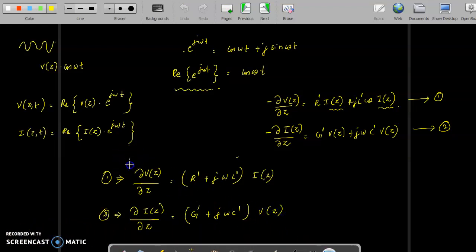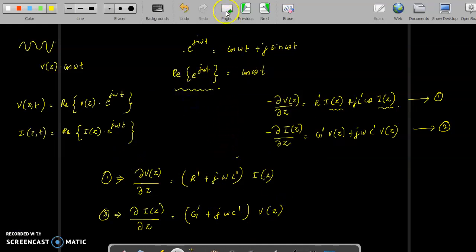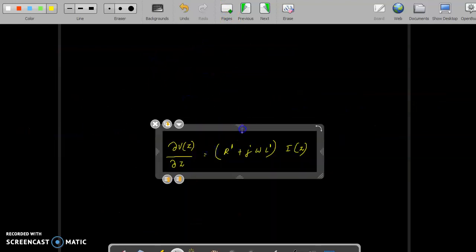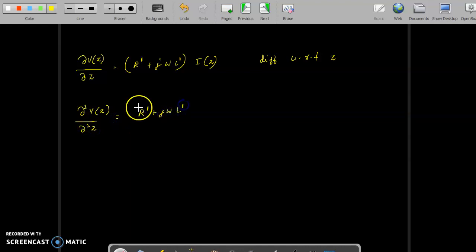Now I am going to differentiate this function with respect to z.